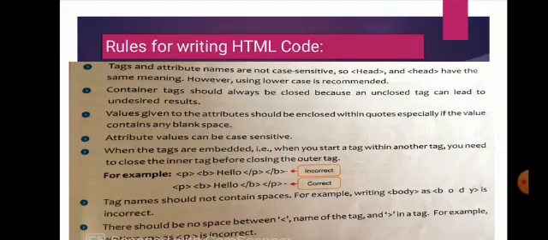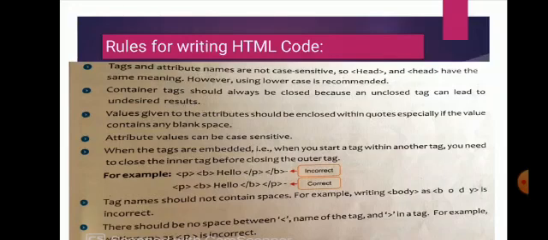Attribute values are case sensitive. Okay, three things are there: tags, elements and attributes. Tags and attributes are not case sensitive, but their values are case sensitive. Okay, see the example here for paragraph and bold. You open it, writing P and B, then hello.